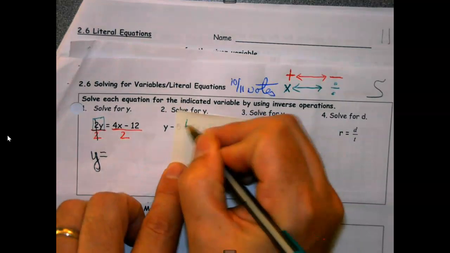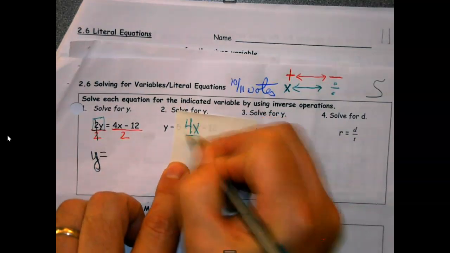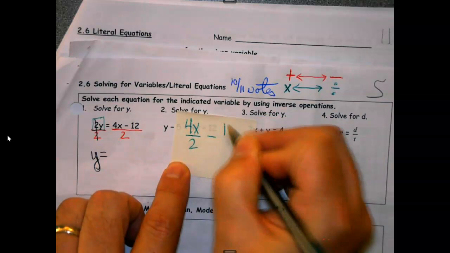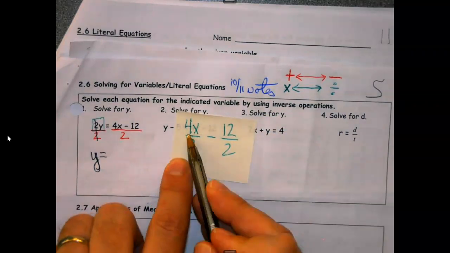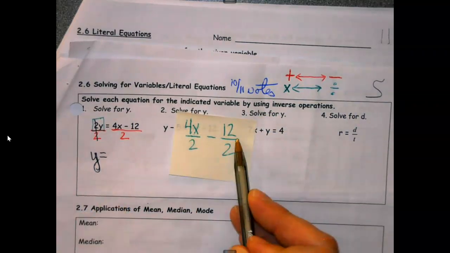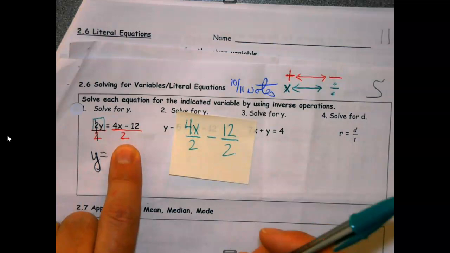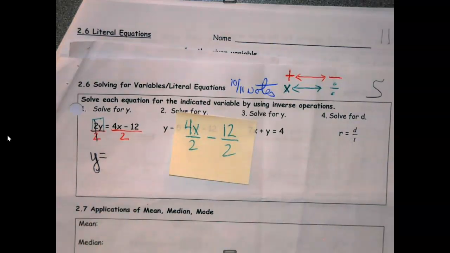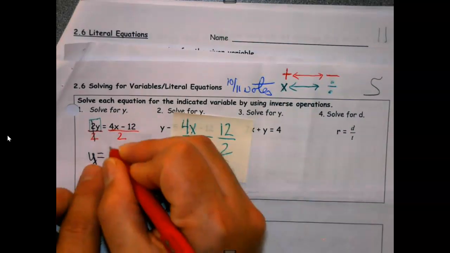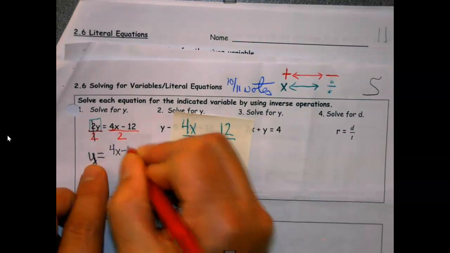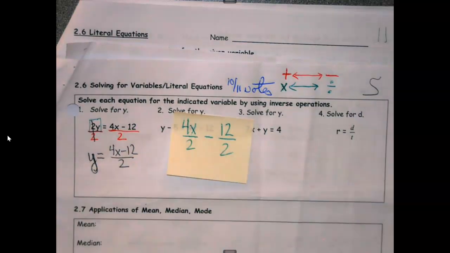Now, I'm just going to rewrite it over here for a sec. When I look at the big fraction, I'm actually dividing each piece of it by 2. Could you leave it just like this? Yes, you could. So we'll write it both ways because I want you to know that that's reasonable. I could do this and be okay if that serves my purpose.